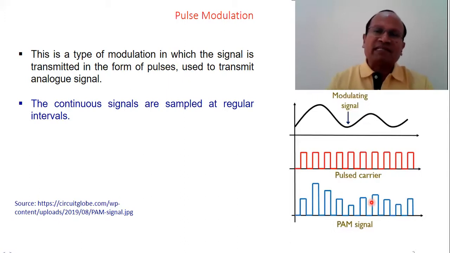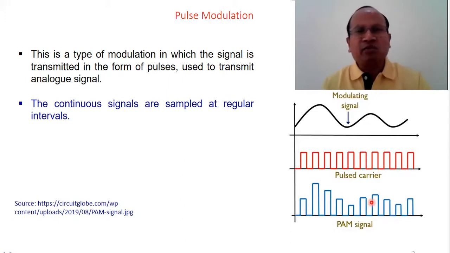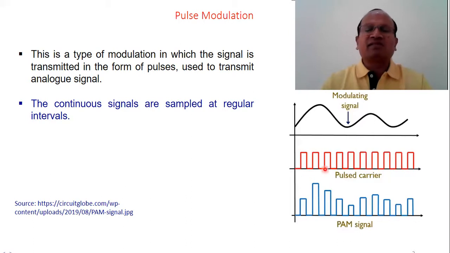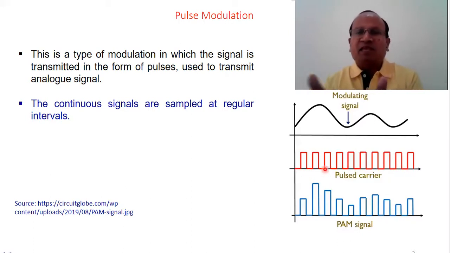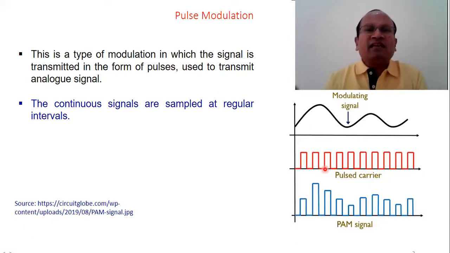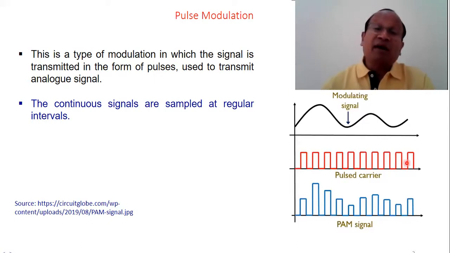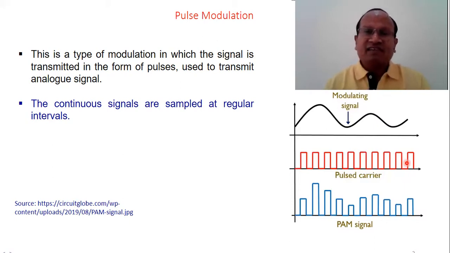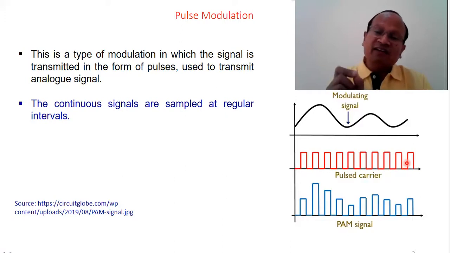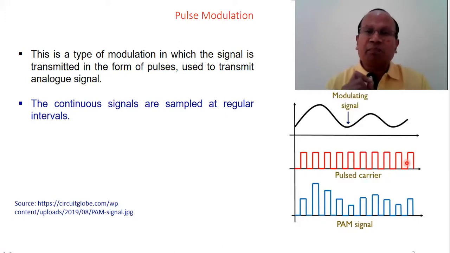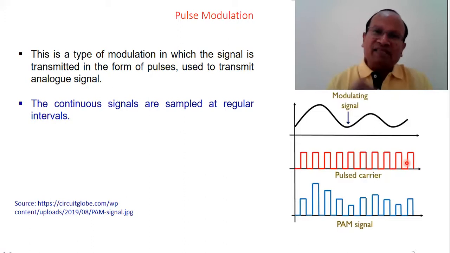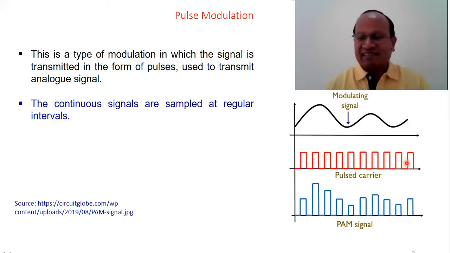If amplitude of pulses changes, pulse amplitude modulation. If the position of pulse changes, there is delay in pulses, there is shift in the pulses, then pulse position modulation. If the width of the pulses changes, pulse width modulation. There are different methods of pulse modulation depending on which attribute of a pulsed carrier signal is changing.